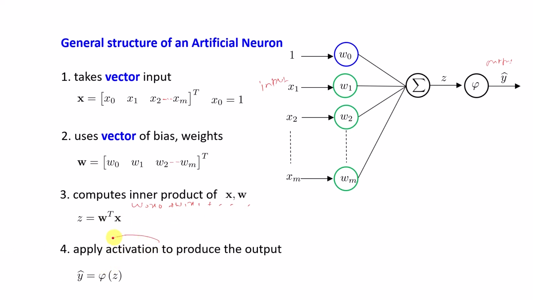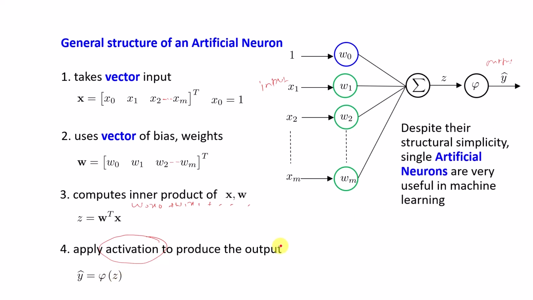We activate it using some activation function phi, and what it will do, we don't know. We have to define it depending upon the problem at hand. But at the end of the activation, we get the output. So this is indeed the general structure of an artificial neuron. The structure can be explained in these four steps.